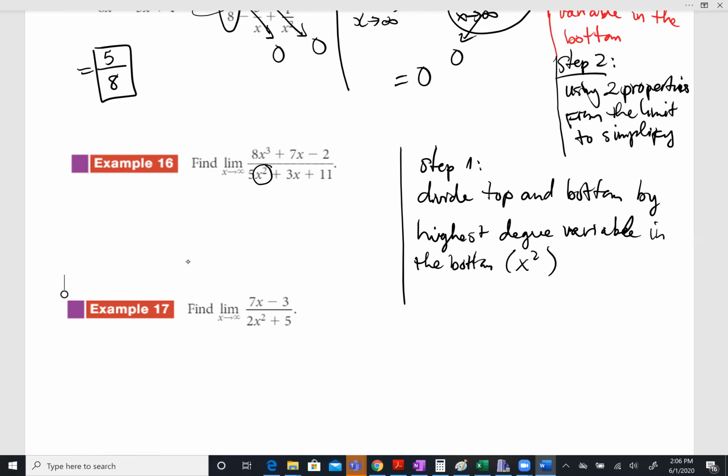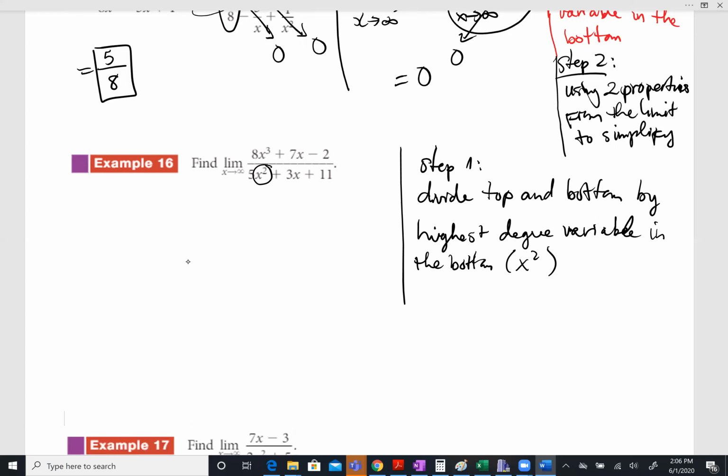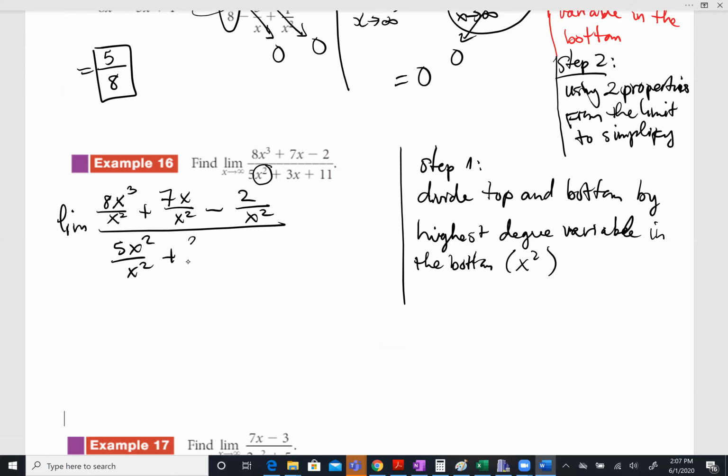So I'm going to divide both top and bottom by x squared. So I have the limit of 8x cubed divided by x squared plus 7x divided by x squared minus 2 divided by x squared, over 5x squared divided by x squared plus 3x divided by x squared plus 11 over x squared, for x going to infinity.